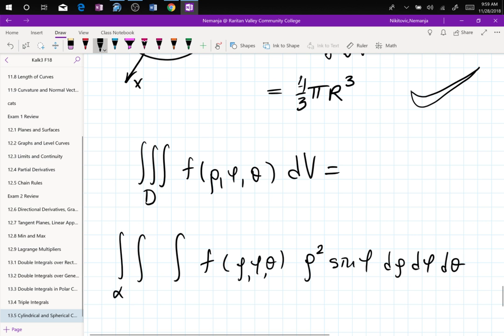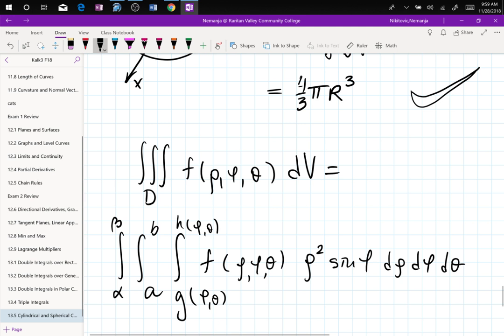Theta is standard, alpha to beta. That's the domain, right? Now phi is going to be a to b. This is the easy version, and then we have g and h over here as functions of phi and theta. These are the outer ones.